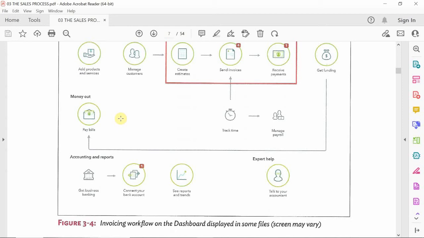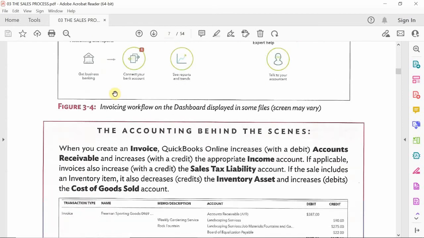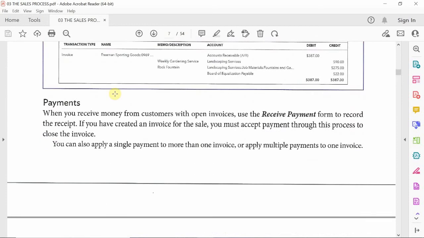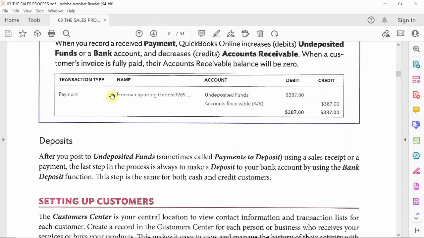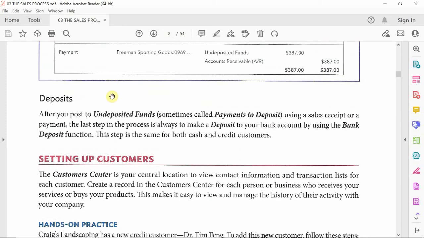So if you're using a credit type of payment, or they have something on account, you're going to need those credit customers to receive payments in order to reduce their accounts receivable. Okay, and then of course, last but not least, we'll talk about making our deposits.